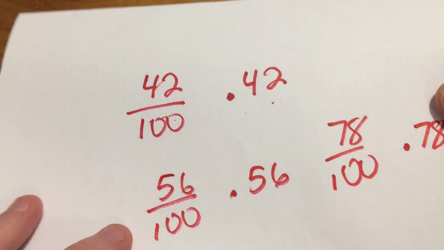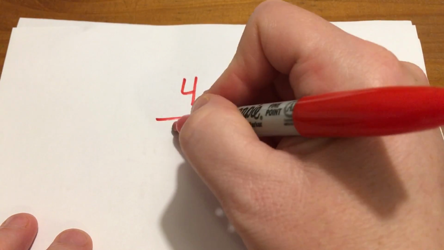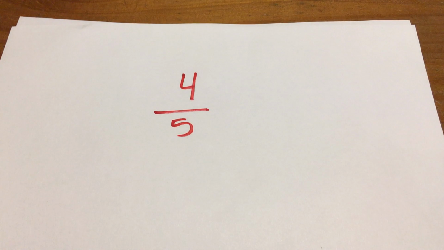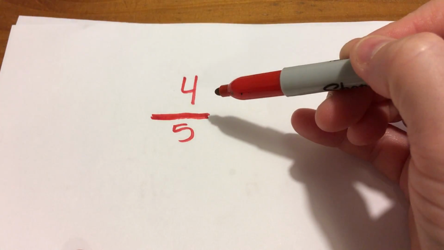So those are easy ones, but what about the not so easy ones? Let's say you get something like this. You get 4 over 5. How do you convert that to a decimal? You actually need to do the long way, and you need to divide. Remember that this line here can also mean divide.